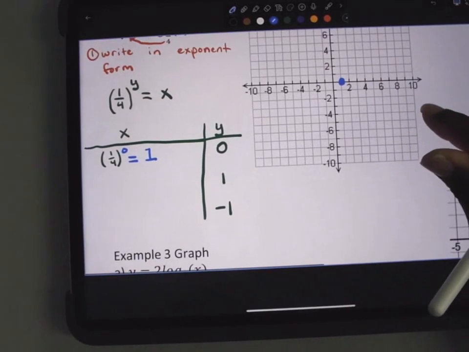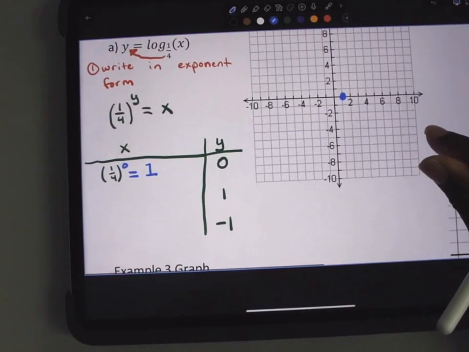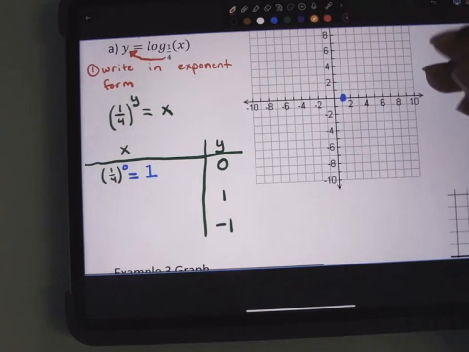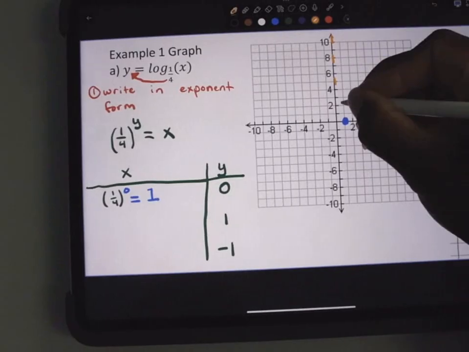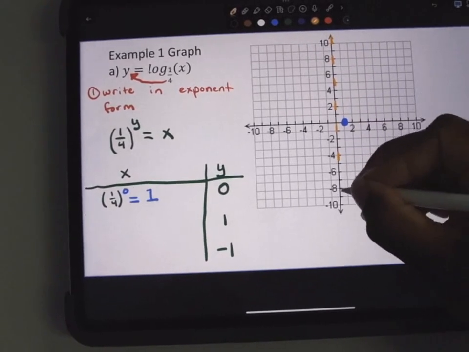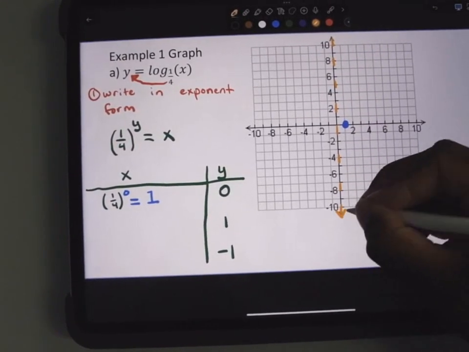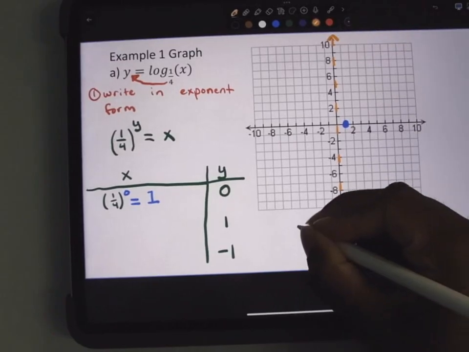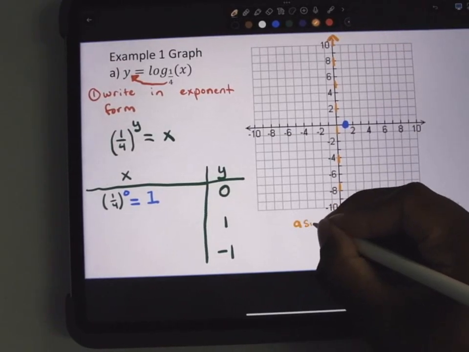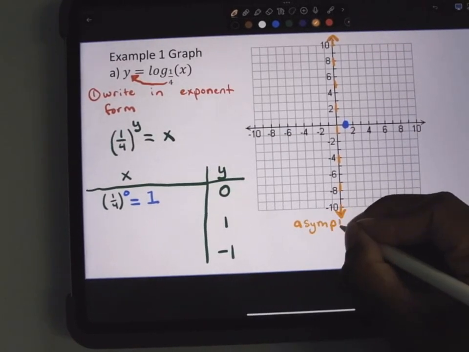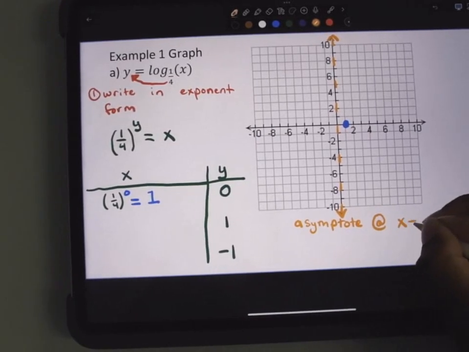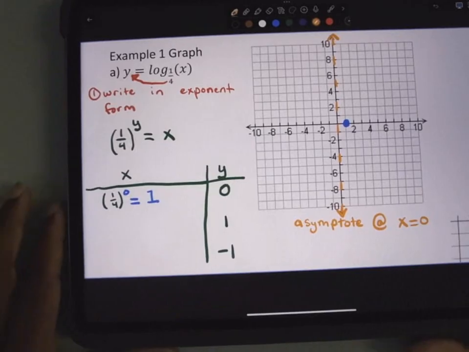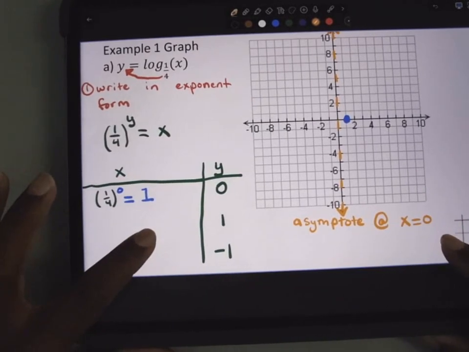And then I tell you what, since we're not shifting our graph left or right, the asymptote should be right on the y-axis where x equals 0. So I'm going to just draw that line so visually we can already be kind of thinking about that. We'll have an asymptote at x equals 0. This line, the graph should not cross.